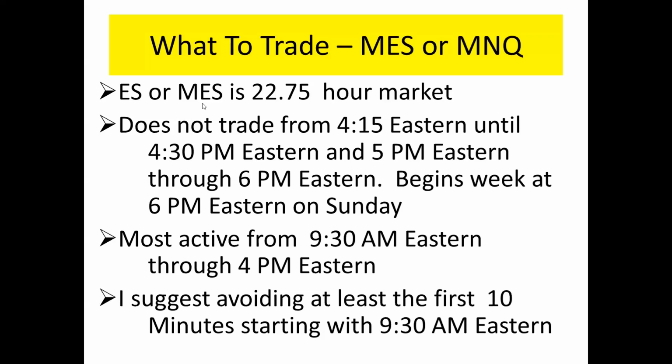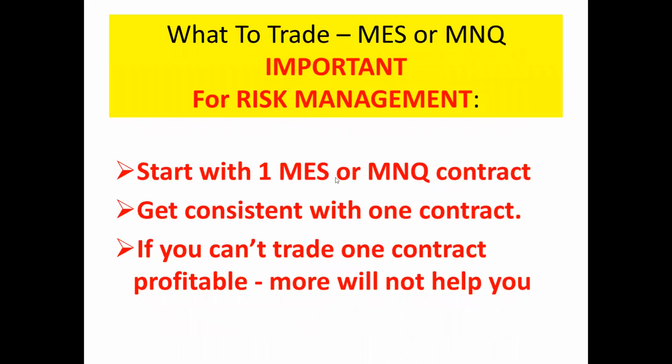All right, so the MES is the E-mini contract. It's the micro contract. Like I said, if you're new to trading or trading a smaller account, I really encourage everyone to trade the micro futures. Start with one contract.